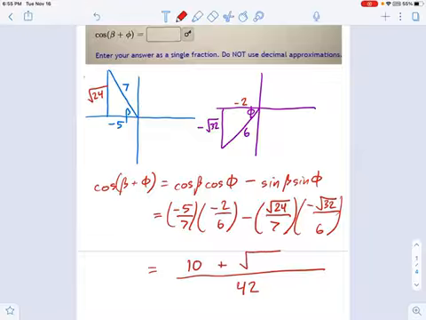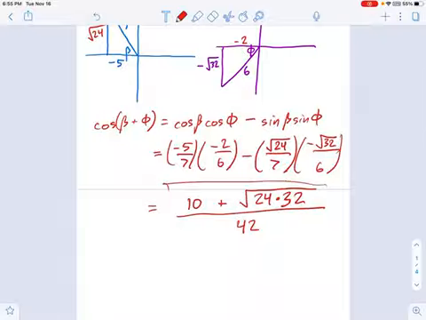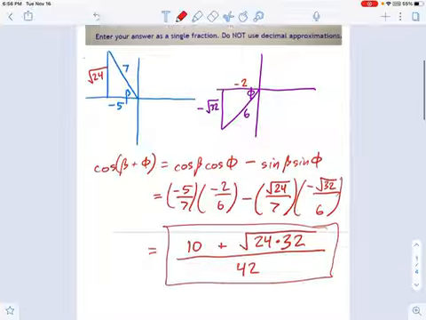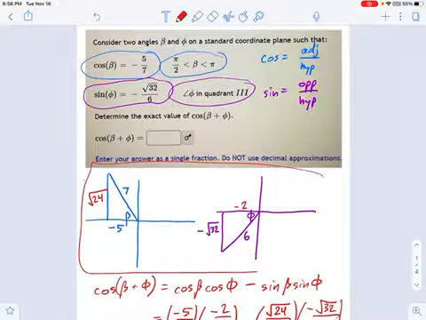I mean, at least we could do this much, even without a calculator. If you don't have a calculator, fine, just leave it like that. Punch it in. But if you do have a calculator and you want to simplify this a little bit, go for it. I'll leave you to work that out on your own. It's not really crucial to this video, but that's the idea. That's how we find the missing information using a standard coordinate plane.